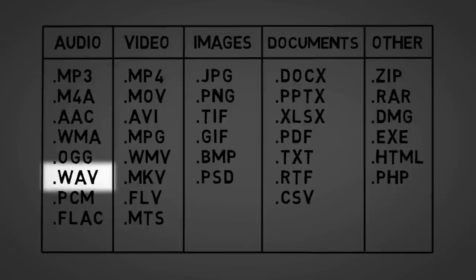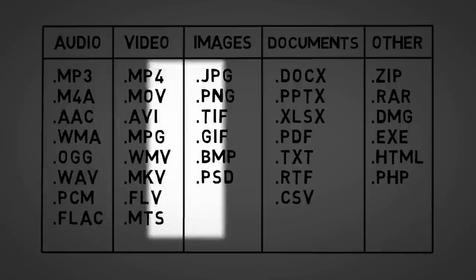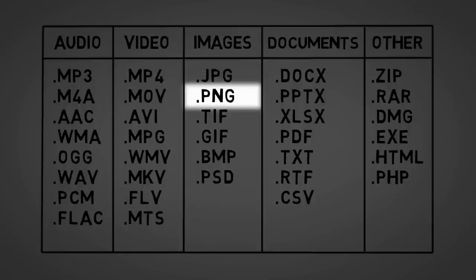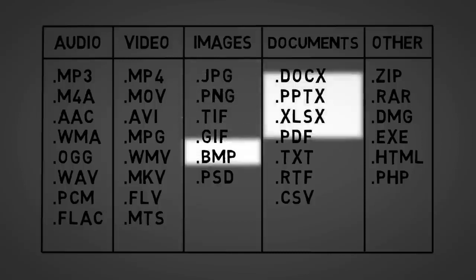A similar comparison can be drawn between some of the image formats. For example, a PNG, or PNG, is higher quality but takes up more space, while a JPEG sacrifices some quality for smaller size.